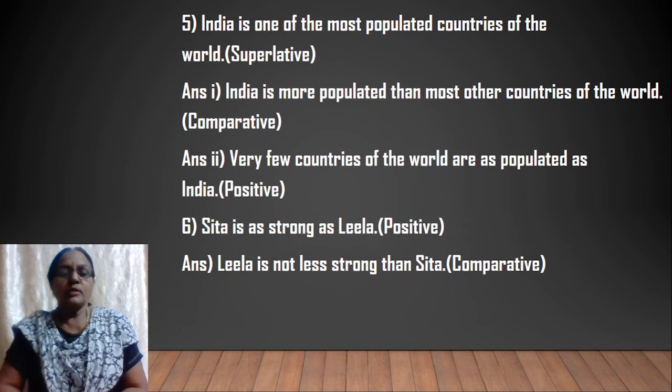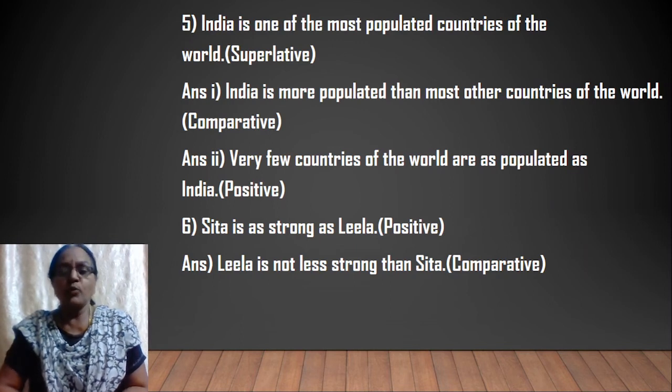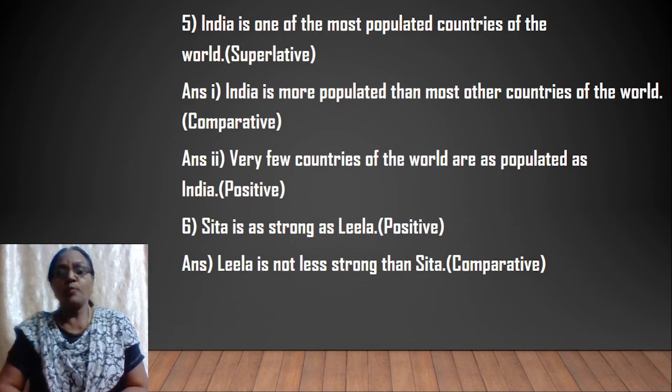Let's move over to the fifth question. India is one of the most populated countries of the world. Again, superlative degree. We have both comparative and positive degree here. India is more populated than most other countries of the world. So comparative degree.